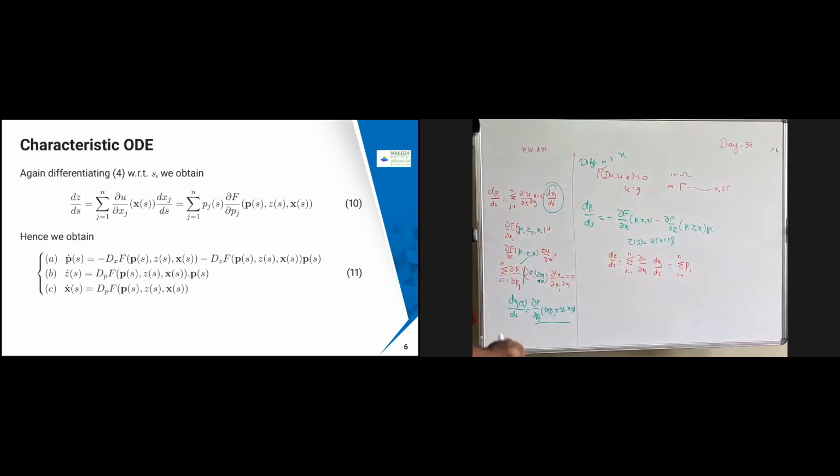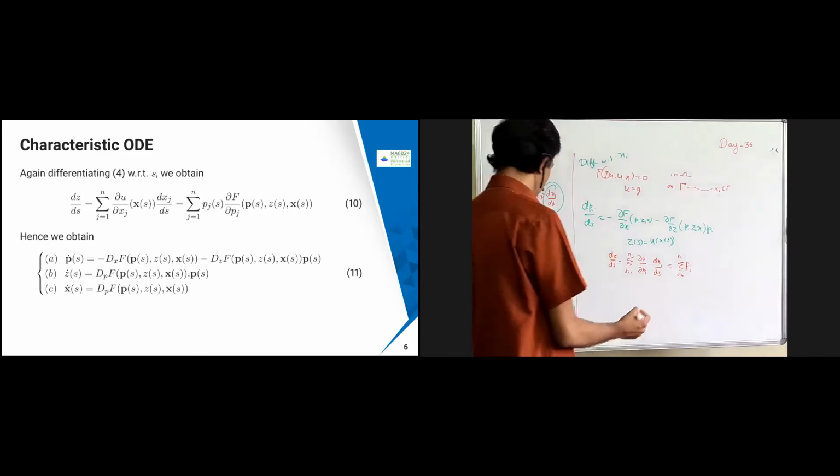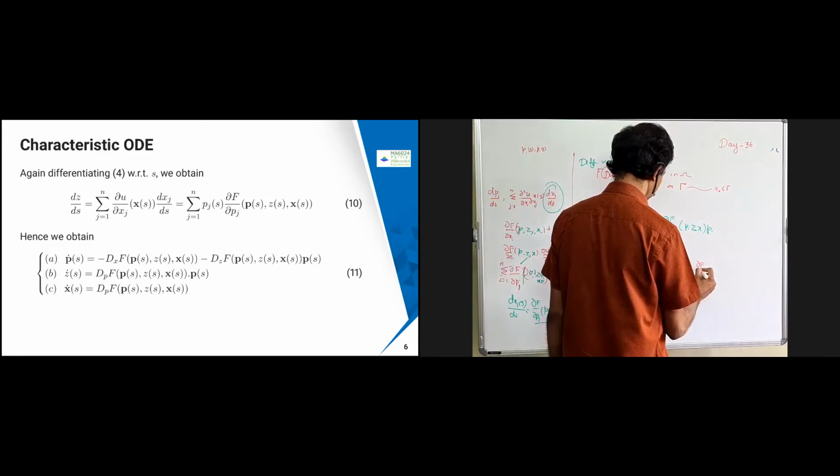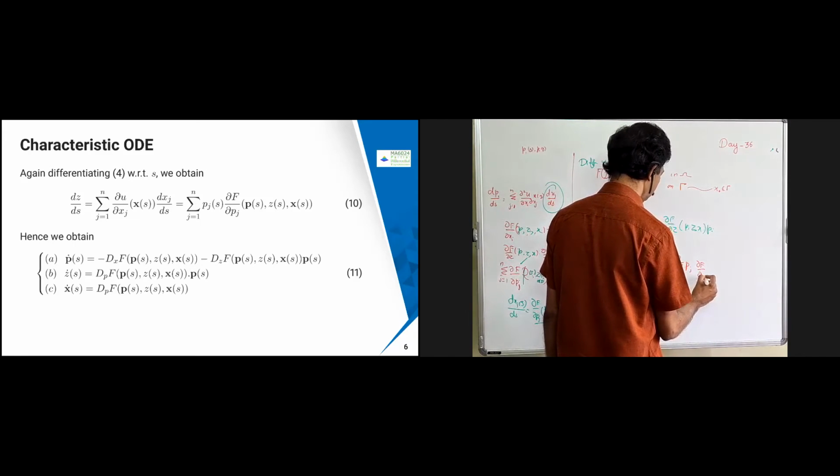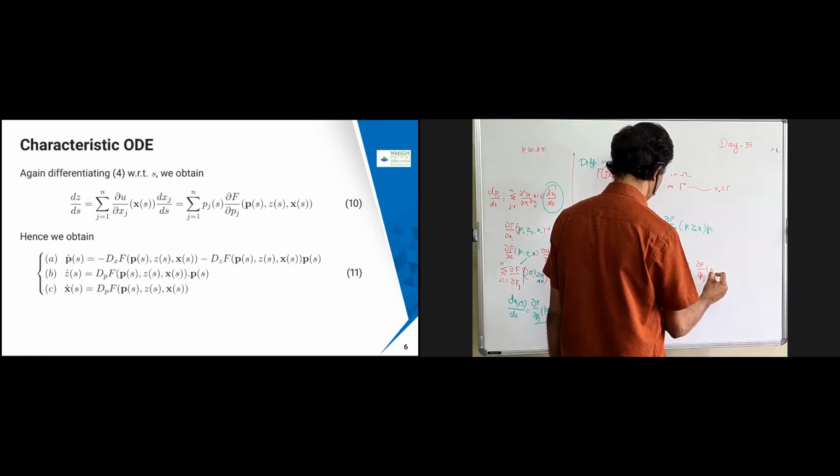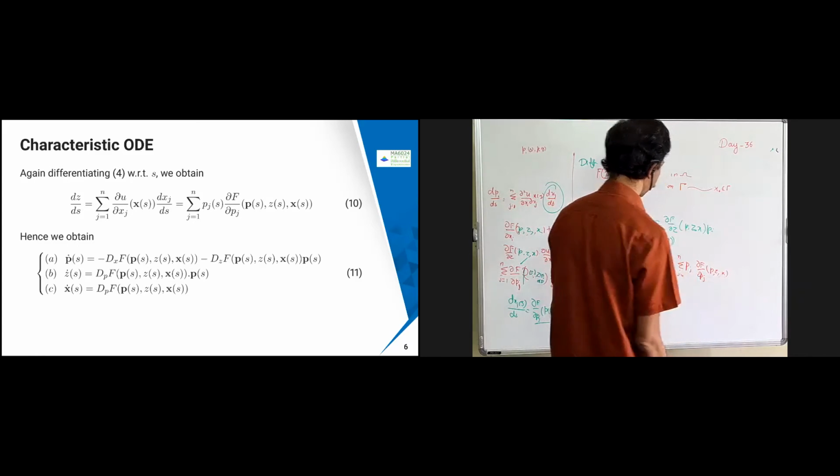And dxj by ds is this one, that is dou f by dou pj of p comma z comma x.